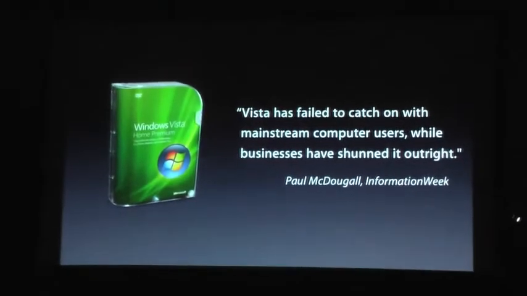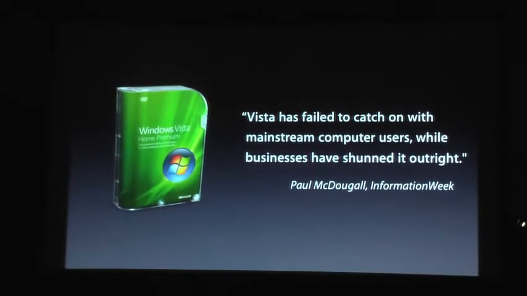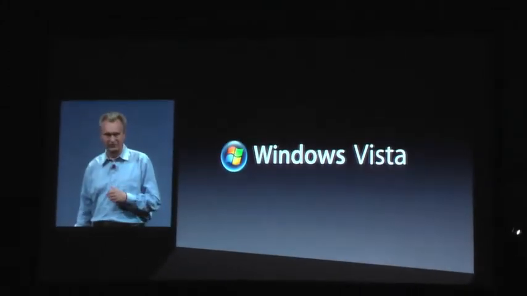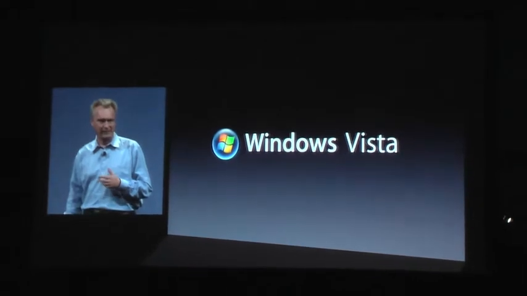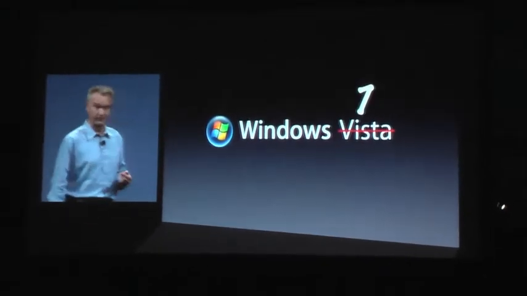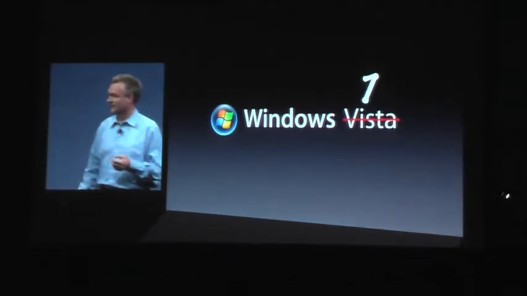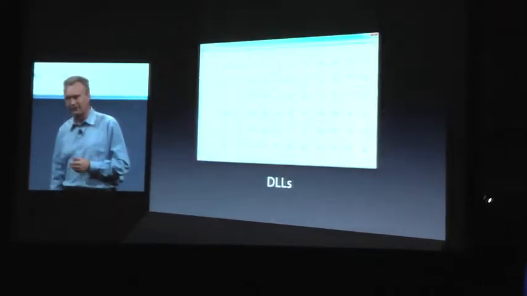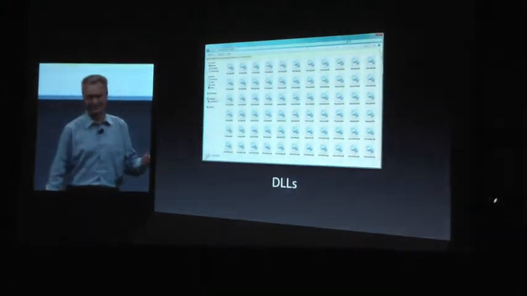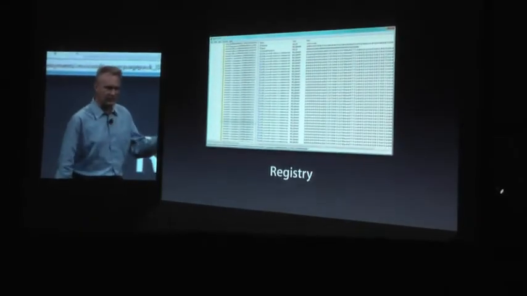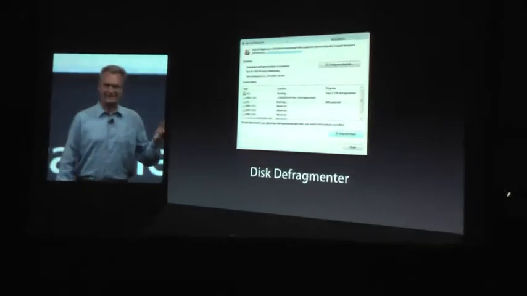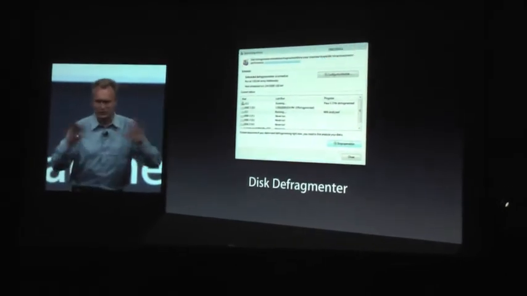While businesses have shunned it outright, indeed, Microsoft has dug quite a big hole for themselves with Vista. And they're trying to get out of it with Windows 7. But underlying Windows 7, you have the same old technologies: DLLs, the registry, disk defragmentation. No end user should ever have to know about that.